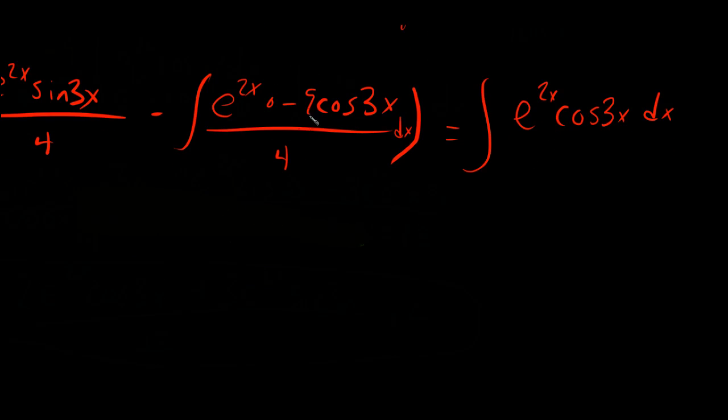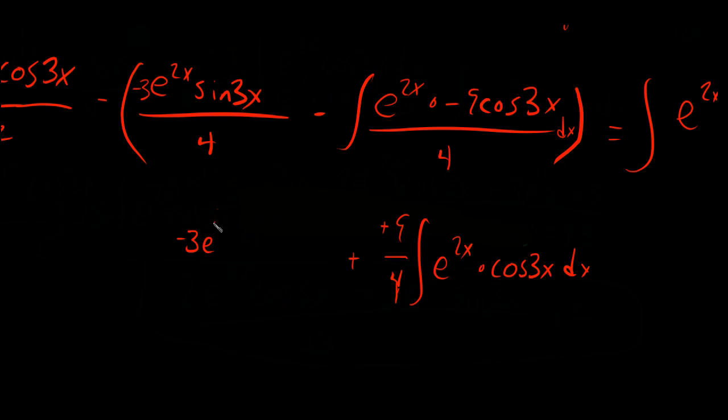Same thing with division, since it's all being divided, we can just take it out. So we can take out a negative 9/4 out of the integral. Now the integral is e to the 2x times cosine 3x dx, which is minus, so this is plus now.